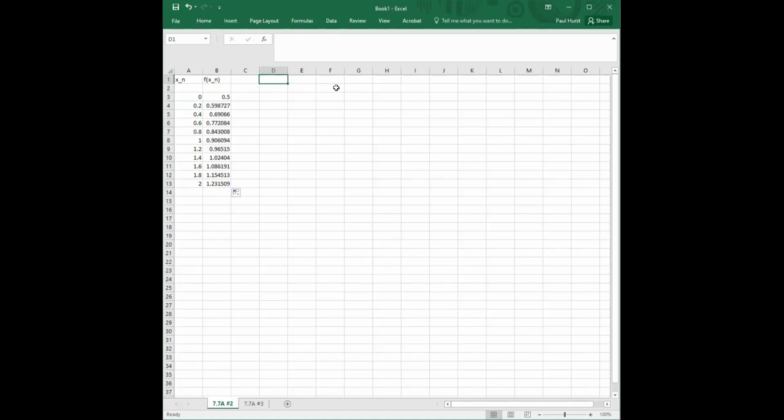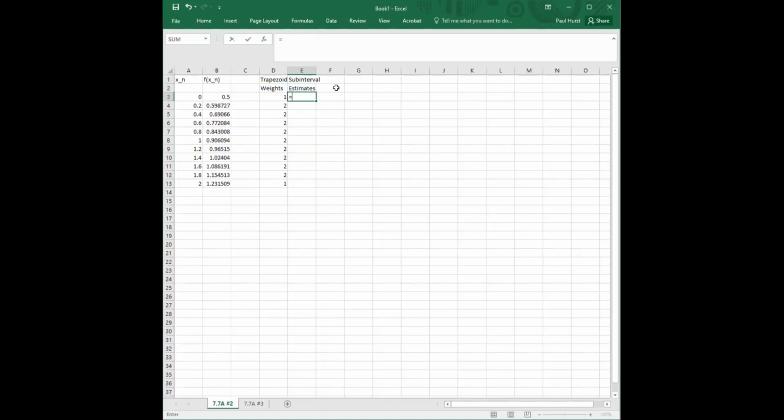Now I'm going to put trapezoid weight. And remember, those are 1, 2, 2. All those are 2s and 1. And then subinterval estimates.